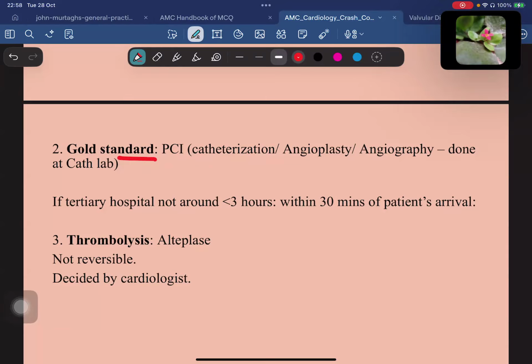So now you are ready to answer thrombolysis, but the question they're asking is, you're the house officer of this ward, and you get this patient, whom would you ask? Whom would you go to for the decision making? These are the type of questions that we wouldn't even dream of expecting in a theory-based exam, right? But you should know that AMC also wants us to know about these little things that they expect us to know.